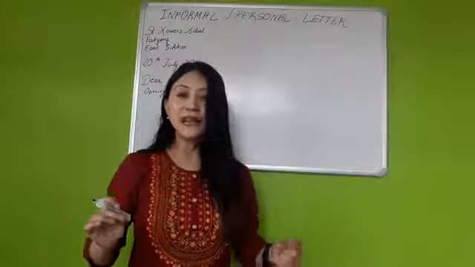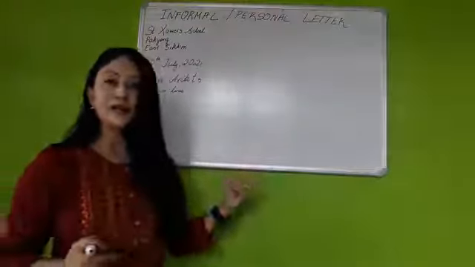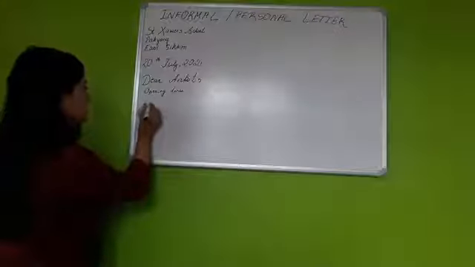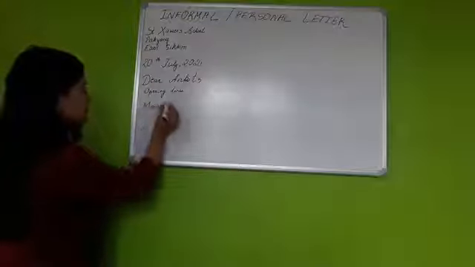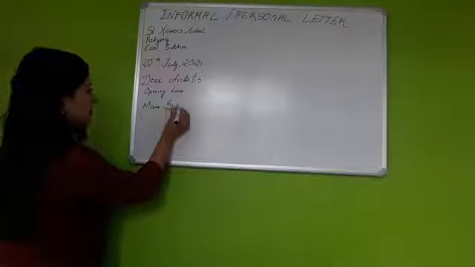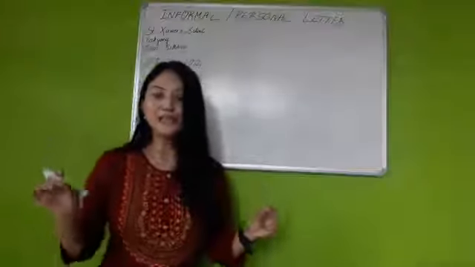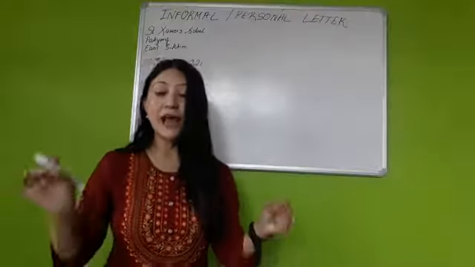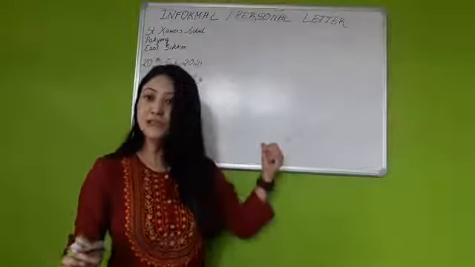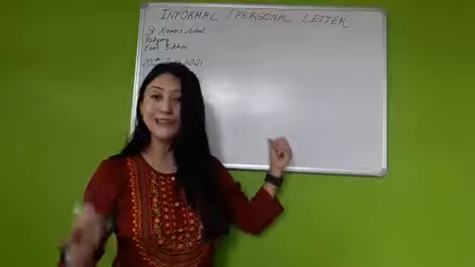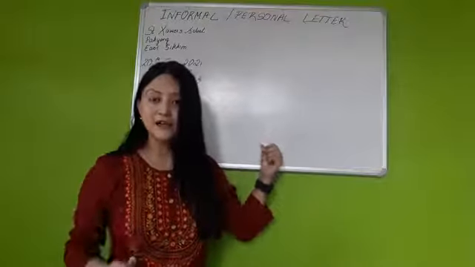Then after the opening lines, in the next paragraph, you have to write the main subject. Main subject means why you are writing the letter to the person, and that you have to mention in the second paragraph.